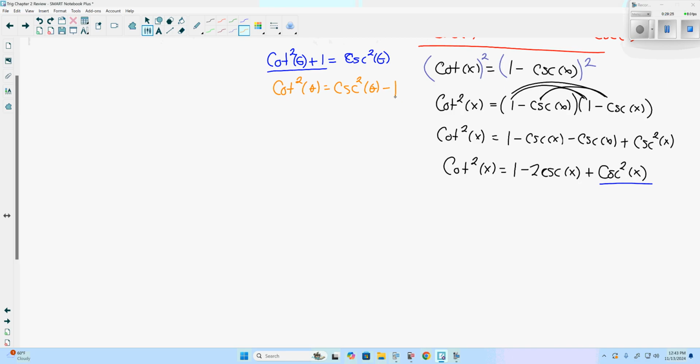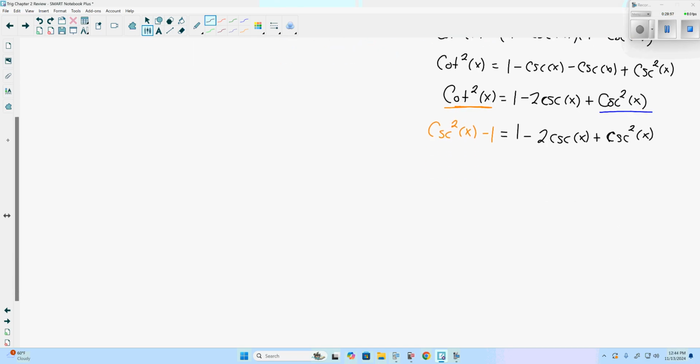This is more helpful because if we replace this cotangent squared with cosecant squared of x minus 1, we now have an equation entirely in cosecant. Where if we'd changed the cosecant squared, we would have had cotangent on both sides, but we would also have a cosecant. We have two trig functions. We need it in terms of one trig function.